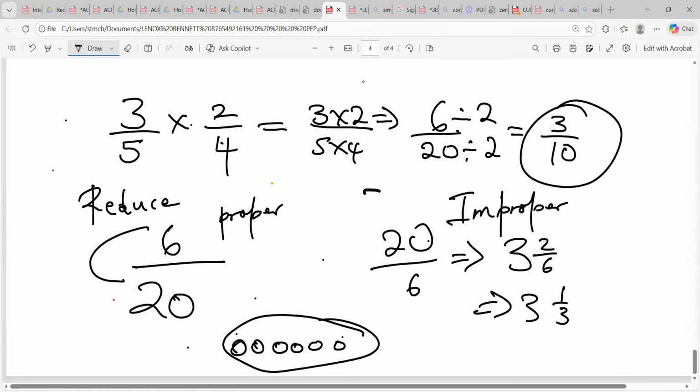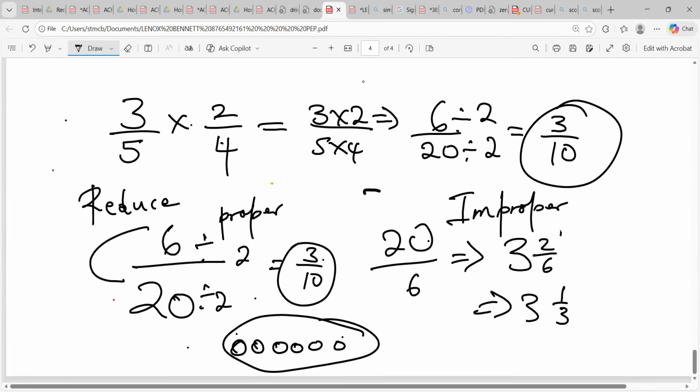No, sir. So we cannot say 20 into 6 goes 3 times with remainder 2. No, we can only reduce it, right? By dividing by 2, since they are both even numbers, and then we get 3 over 10.